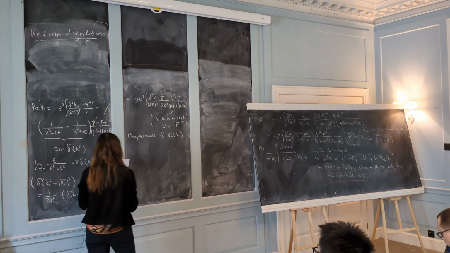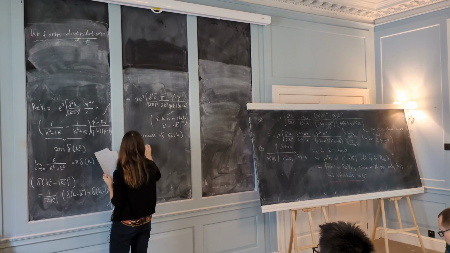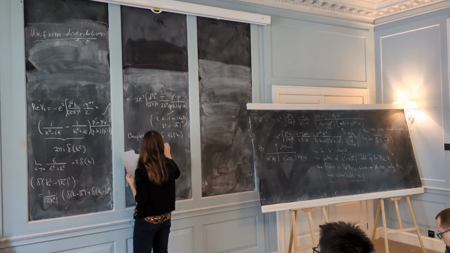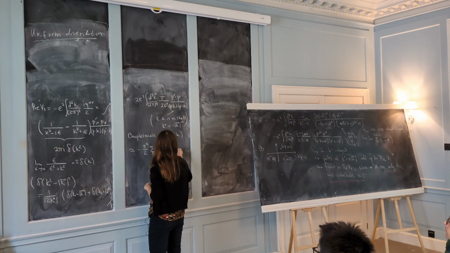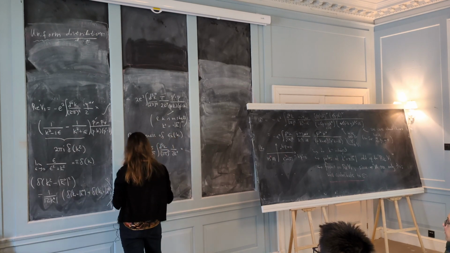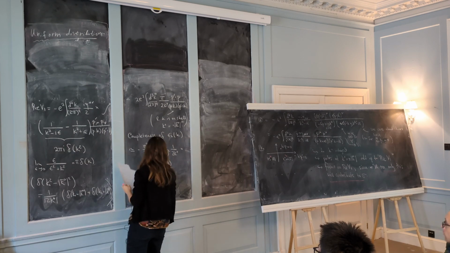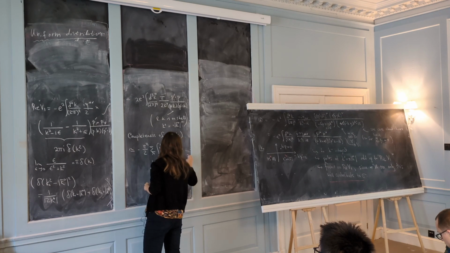This basically allows me to rewrite this as minus e squared divided by 2, sum over the polarizations lambda, d3k divided by 2 pi cubed, 1 over 2 k0, times the absolute value of p prime dot epsilon lambda k, divided by p prime dot k, minus p dot epsilon lambda k divided by p dot k, absolute value squared, right?